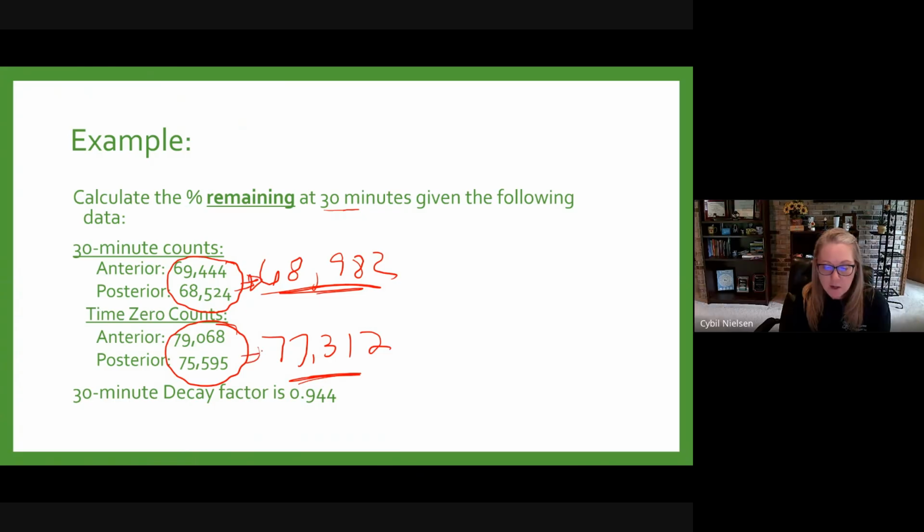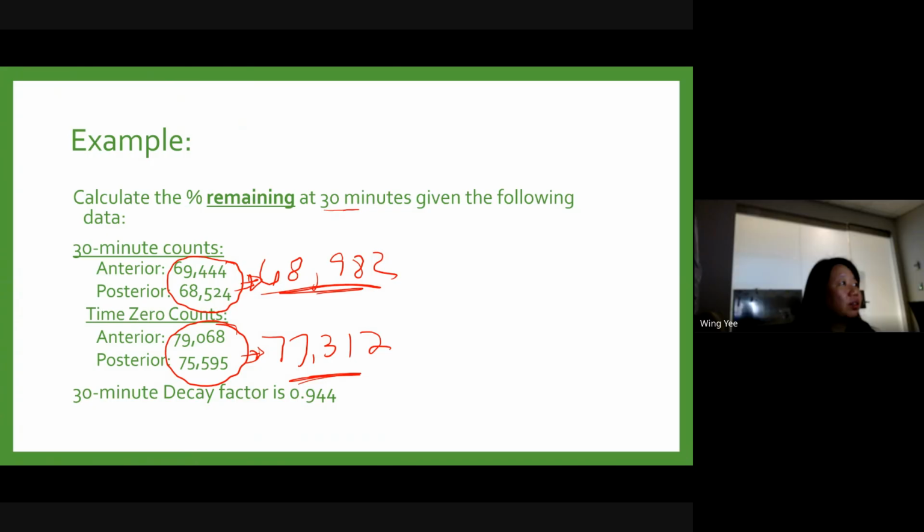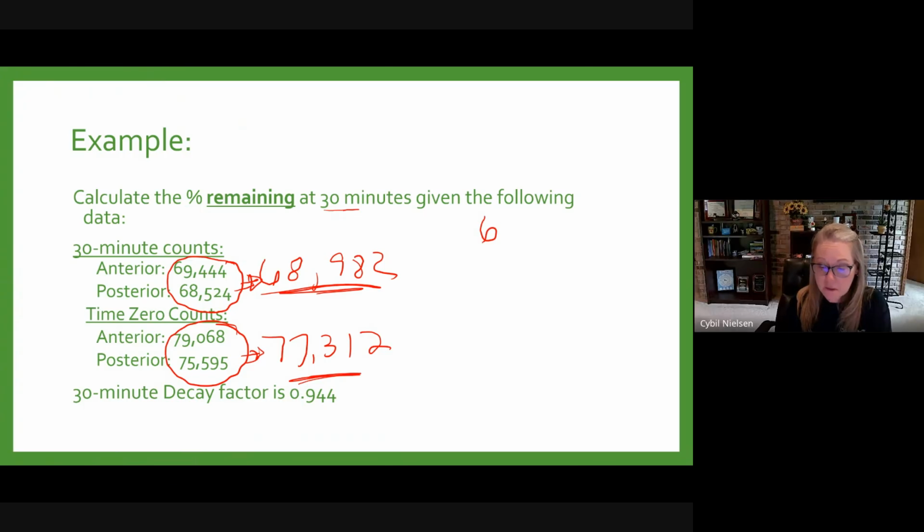My question is we're going to calculate the percent remaining. Which number goes in the numerator and which number goes in the denominator? The 30-minute goes on the top. Yeah. So anytime you're trying to figure out the percentage of something, that always goes in the numerator. So if I want to know the percentage of counts remaining at 30 minutes, that goes in the numerator. The denominator is going to be the 0 minutes.